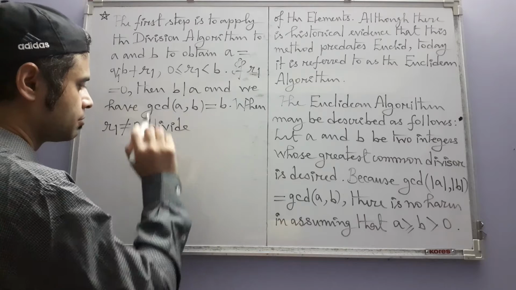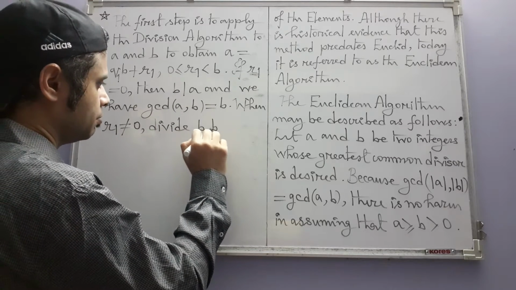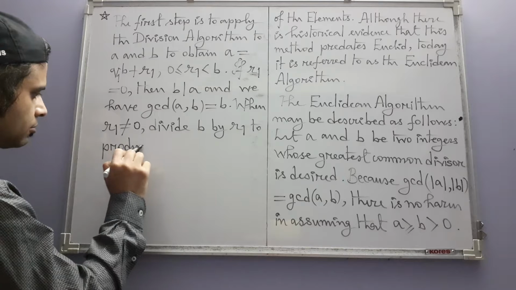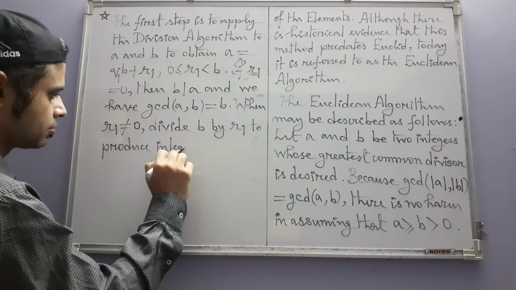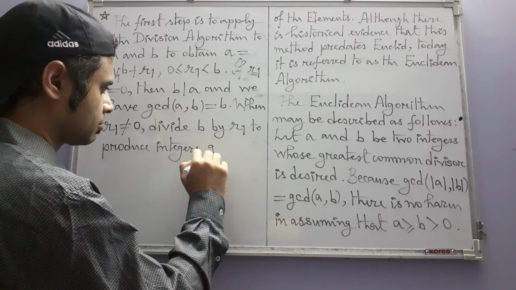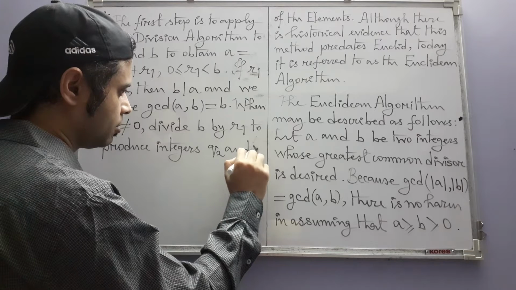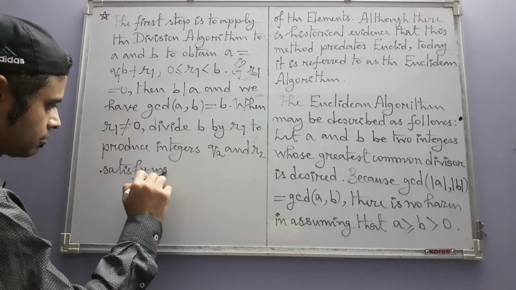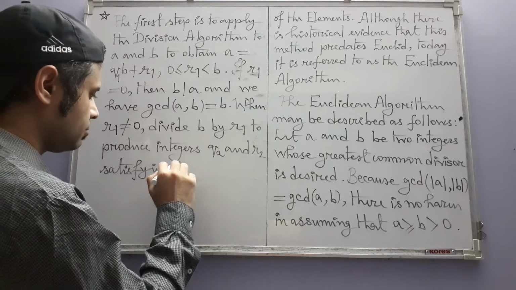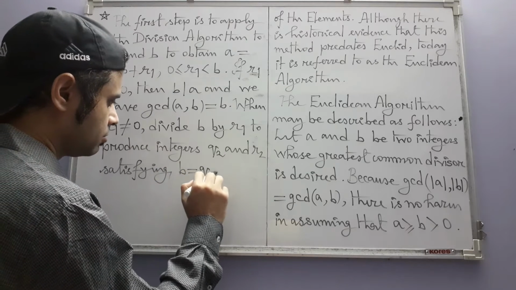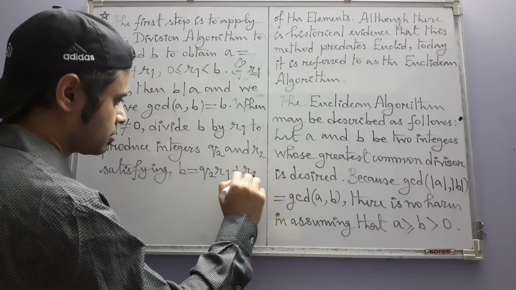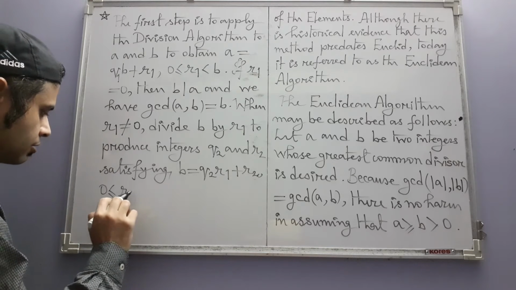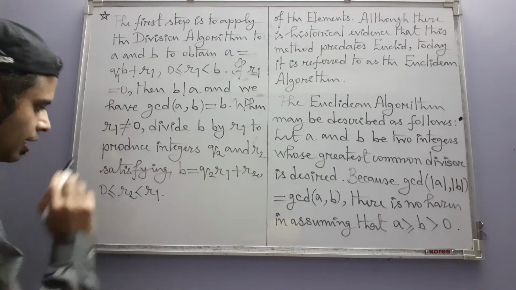Divide B by r1 to produce integers q2 and r2 satisfying B equal to q2 r1 plus r2, where the current remainder r2 is non-negative and is strictly less than r1.